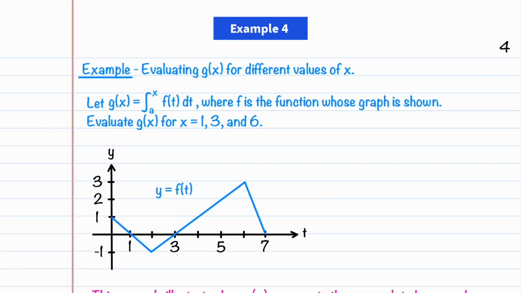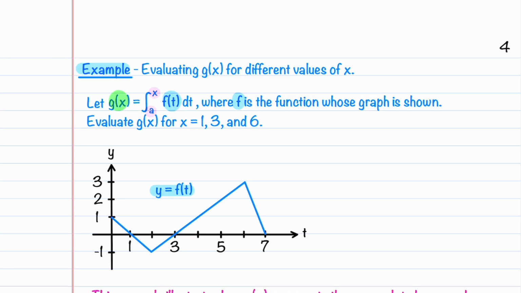We're going to walk through an example where we are going to find the accumulated area under a function. We're going to let g of x equal the integral from a to x of f of t dt, where f is the function whose graph is shown. Down here we can see what f of t looks like.